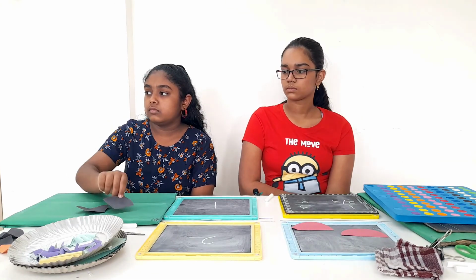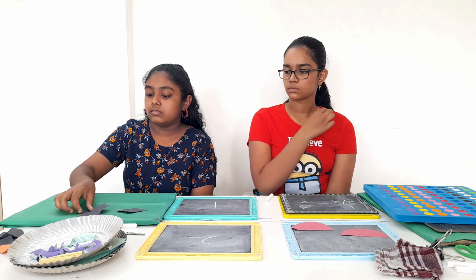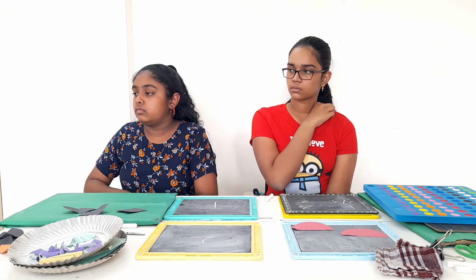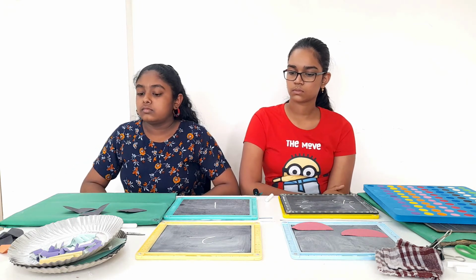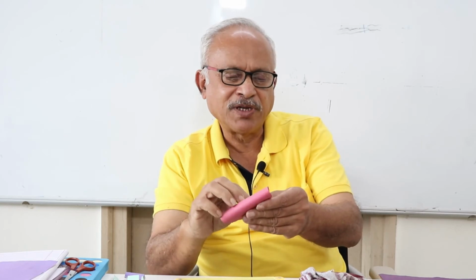Gyanjyoti has used a certain method to make the 1/3 from the circle. Let me show you what it is. Okay, I think what she did was, first she made halves and then she folded each half into 3 equal parts.